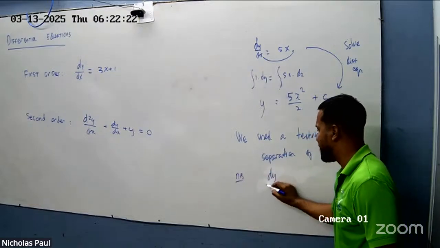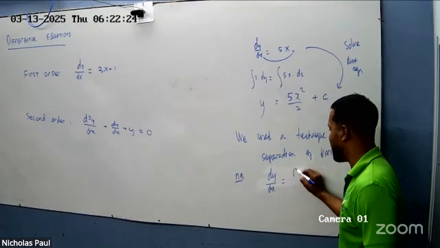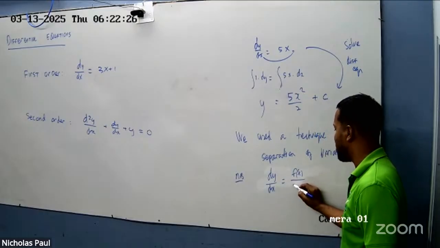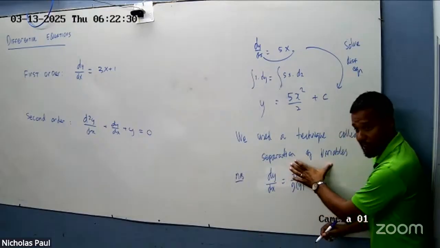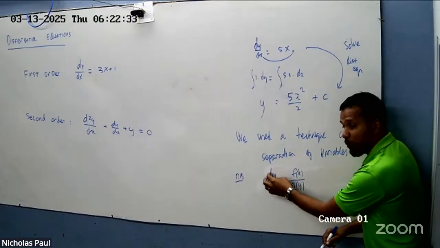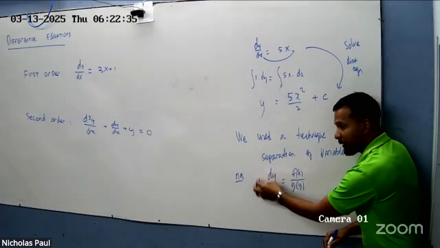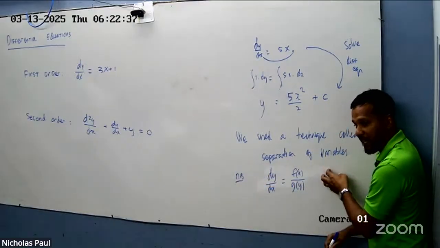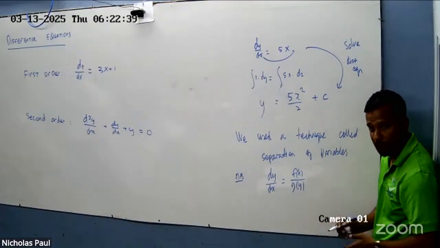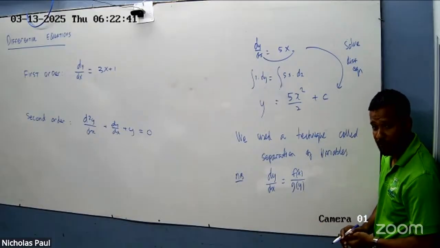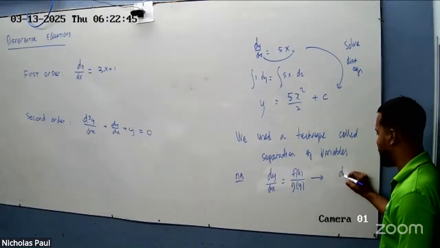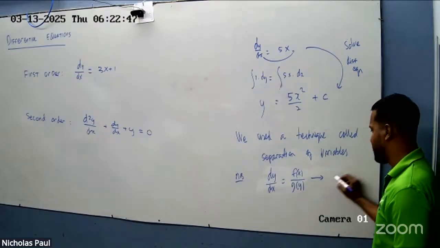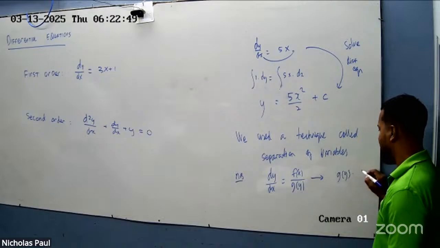Generally, if you have dy/dx is equal to f of x over g of y, here's what separation of variables is. Take all the y's, bring them to this side. Take all the x's, bring them to this side, and then integrate. It will look something like this. I bring g of y over, with respect to y.